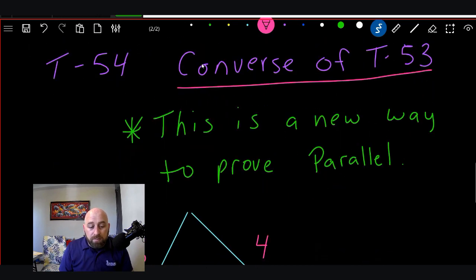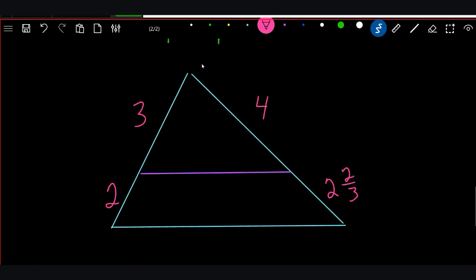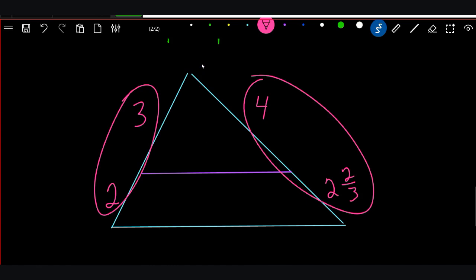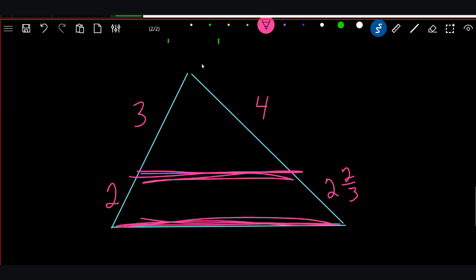Well, in this theorem, Theorem 54, it's saying the same thing only backwards. In other words, it's saying if a line divides two sides of a triangle proportionally. So if this is proportional to this, and it is, then what we know from Theorem 54 is that this line must be parallel to this line.